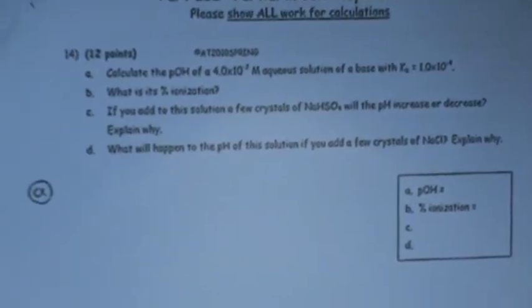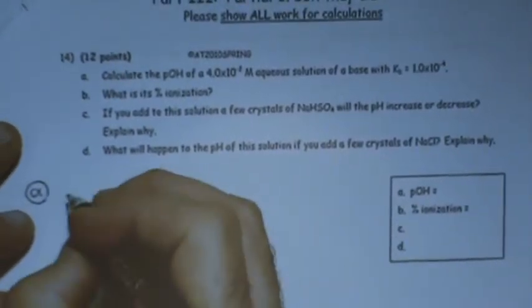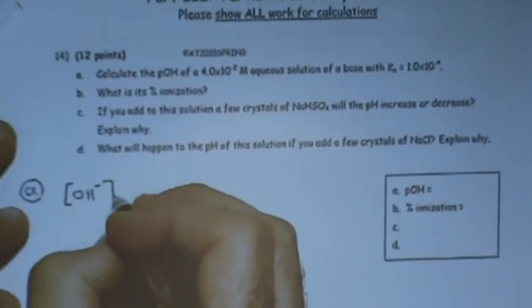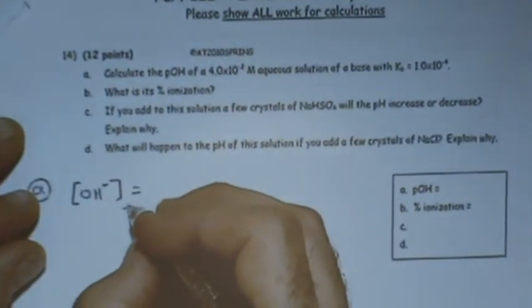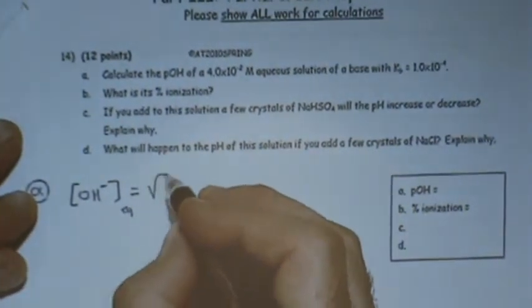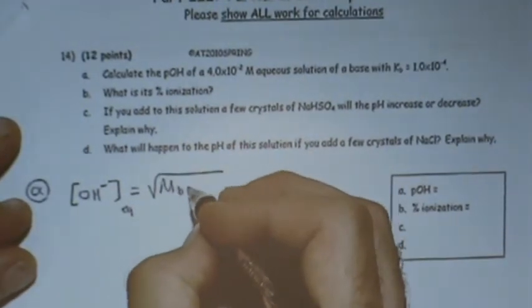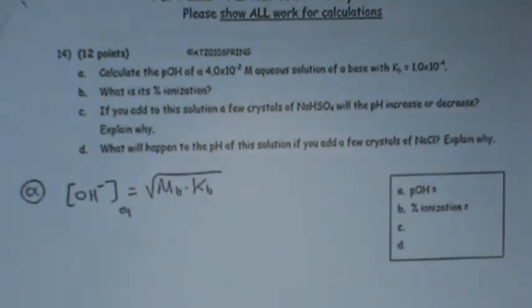We've said that if you have a weak acid or weak base, we have that little equation. For the base, the concentration of hydroxide ions at equilibrium is equal to the square root of Mb times Kb, the analogous form of the equation for acids.